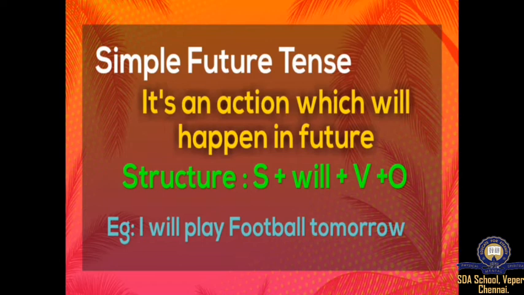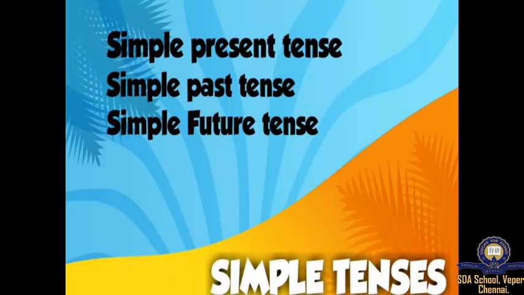Here I am referring to an action that will take place tomorrow. Will in this sentence denotes the event time, tomorrow. Therefore, it's called simple future tense.